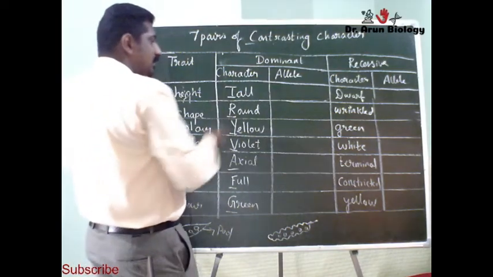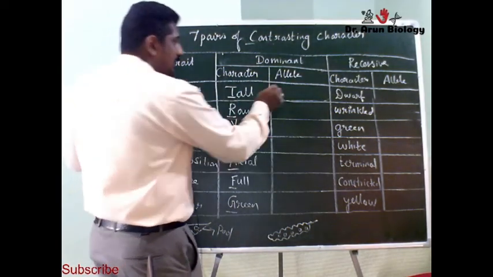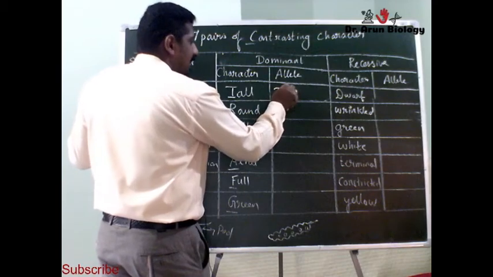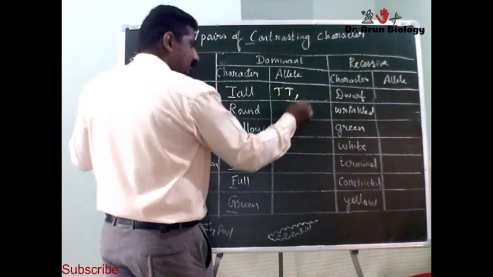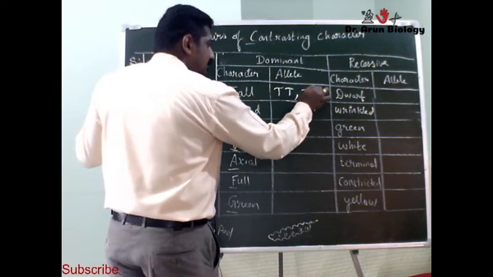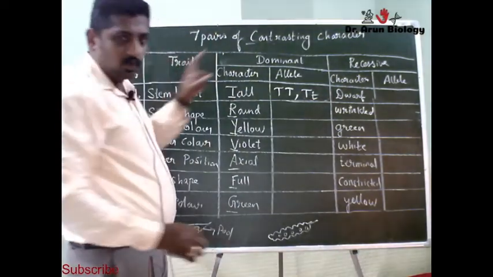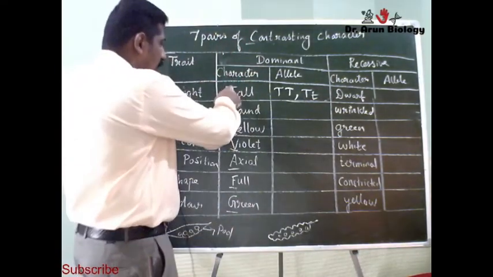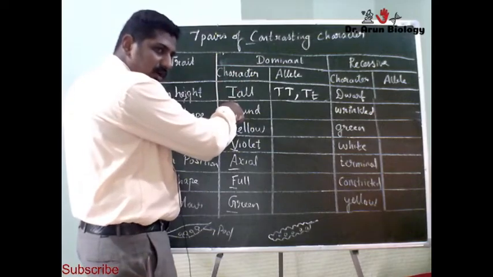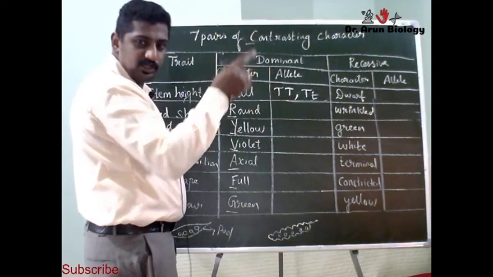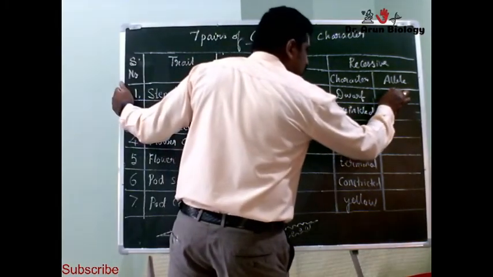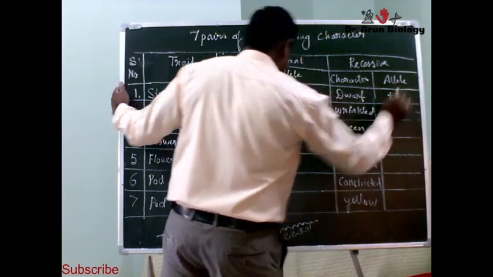For example, the alleles for tall will be capital T, capital T, and heterozygous capital T, small t. For dwarf, not DD, not SS. Opposite means capital letter for tall, and for dwarf you put a small t. So the alleles are small t, small t.